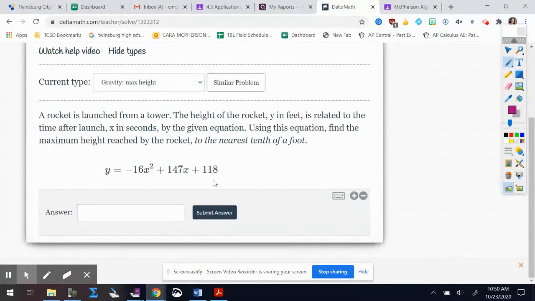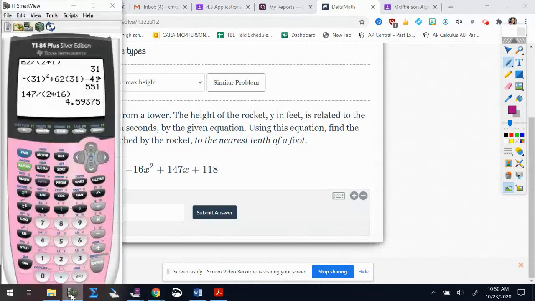Now, if the question said, how long does it take to get to the maximum height? You would put in 4.6. That's your X value. This one wants to know what the actual height is. So you have to take that 4.6 and put it into your equation everywhere you see X, and round it the way they tell you to. They want you to round it to the nearest tenth.